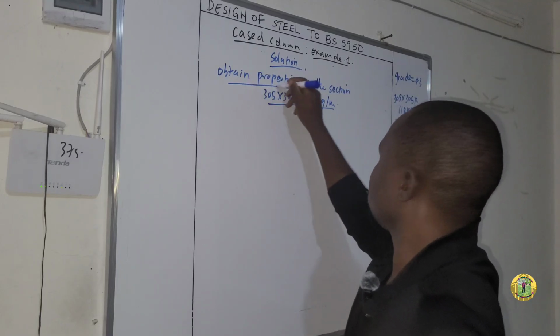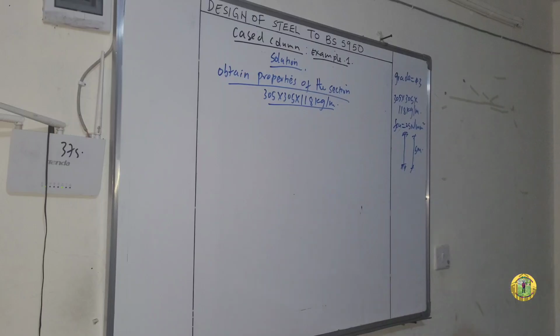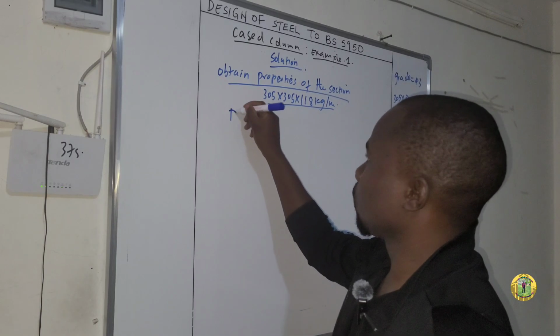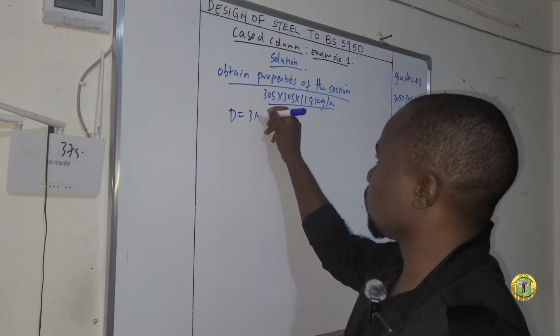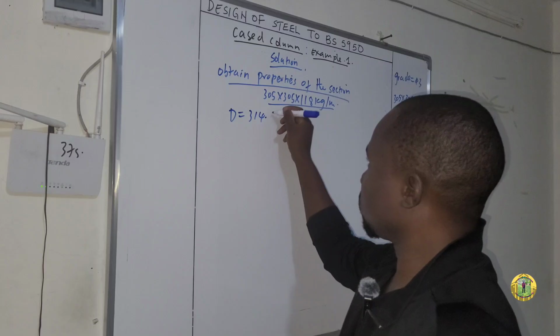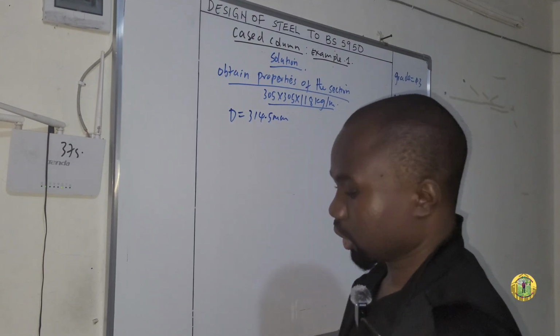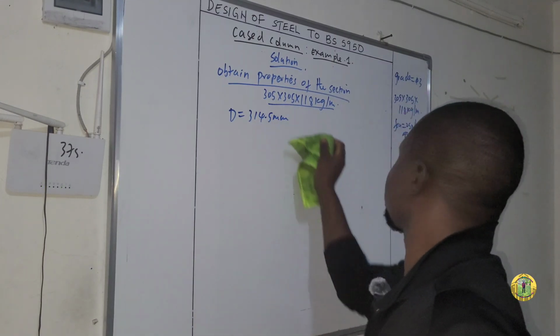So I won't go to the table and show you how to obtain the properties because I have done it severally and I'm sure you know how to go to the table and obtain the properties. So the first property is D. So D is equal to 314.5 millimeters.